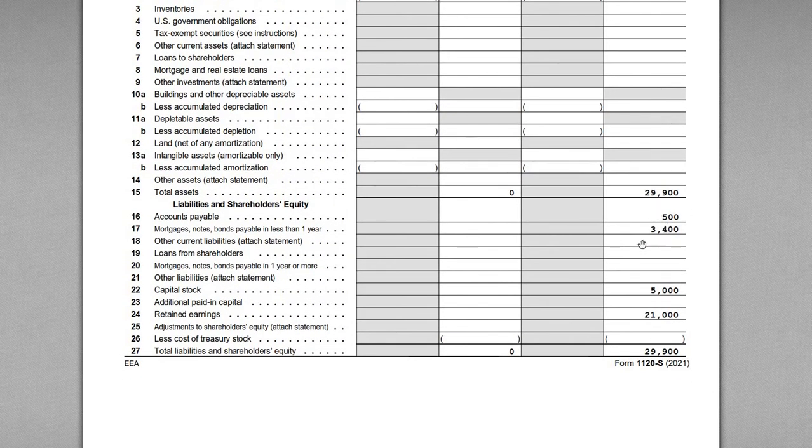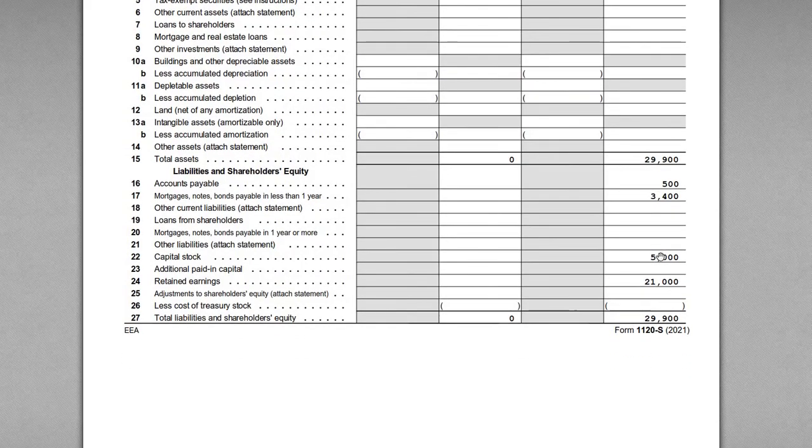We've got our accounts payable. The credit card payables are entered there, $3,400. Capital stock, $5,000. We don't have any additional paid in capital, but you might with your business, right? APIC is if you pay more than the par value to acquire shares, that's the additional paid in capital.